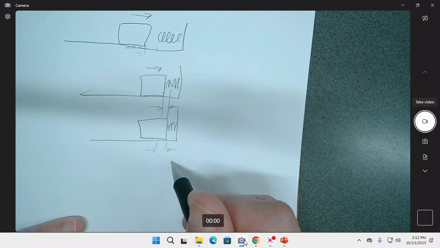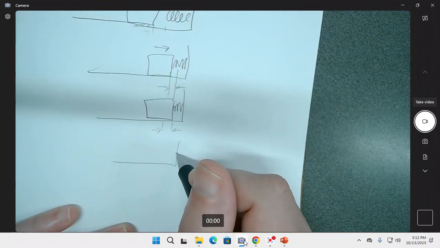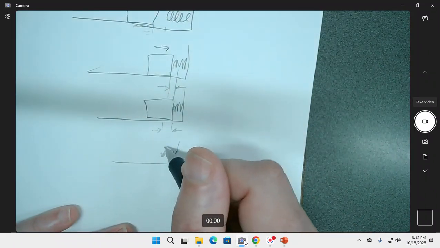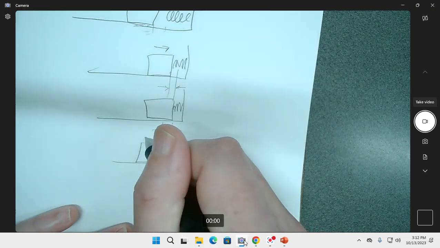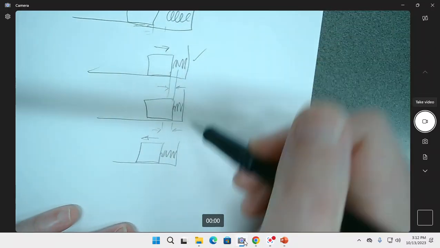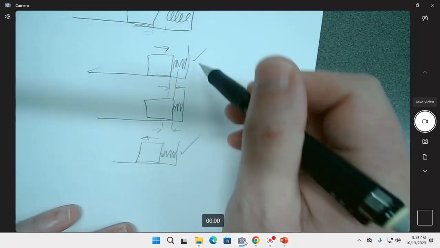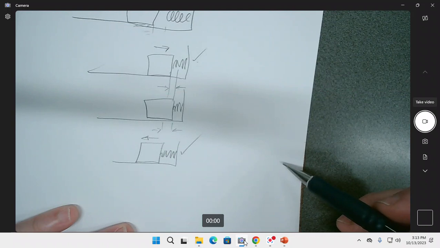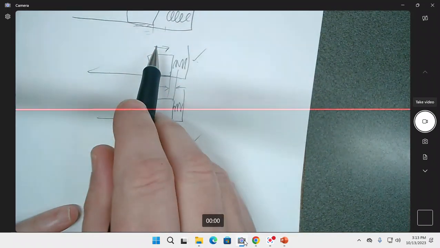All right. And then, as you say, it comes back in this way. Now it's moving this way. It's off of the spring. Like this right here and this right here have occurred. This is a smaller velocity than that.